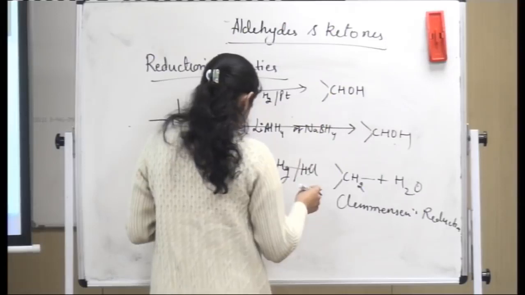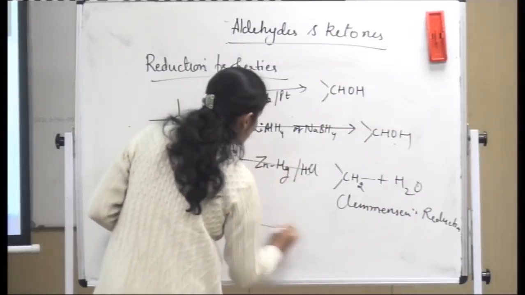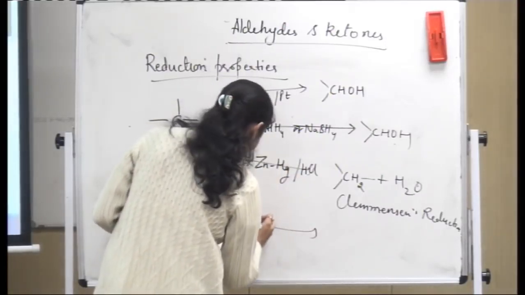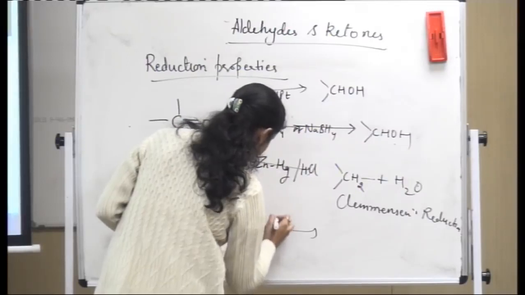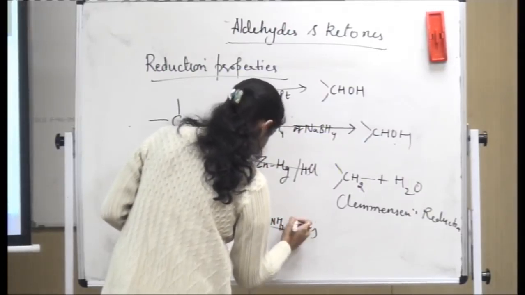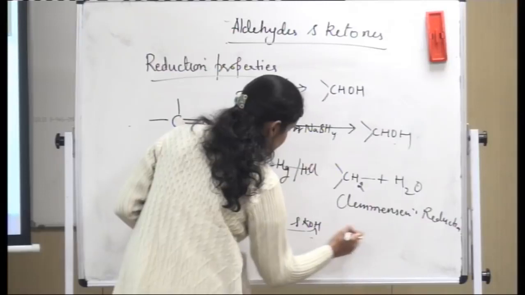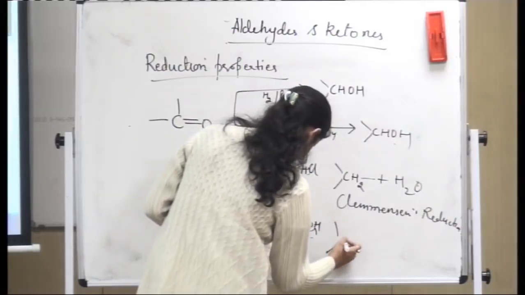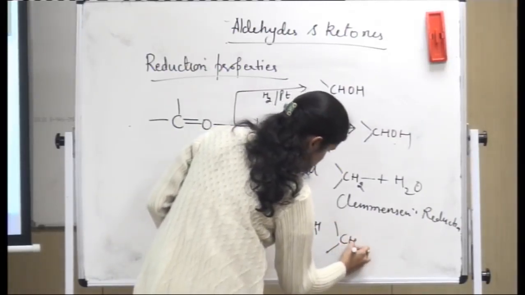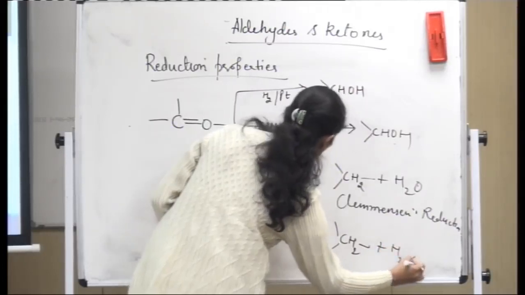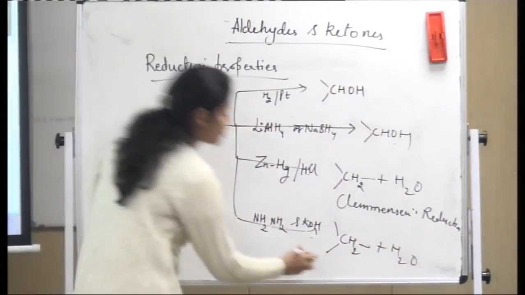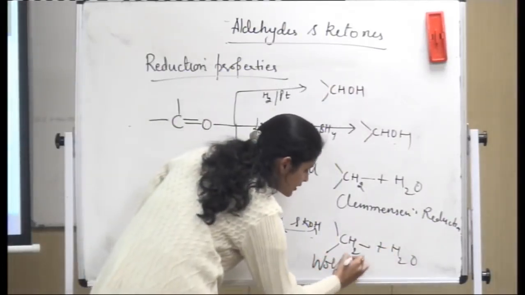While the reduction of carbonyl group using hydrazine, NH2NH2, and KOH gives CH2 plus H2O, right? This reduction is called Wolff-Kishner reduction.